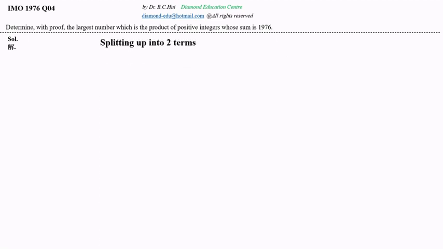So, we just considered how to split up each term into two terms. If one of the terms ak is larger than 4, we can split ak into 2 and ak minus 2 to get a larger product. If ak is larger than 5, we can split it up into 3 and ak minus 3 to get an even larger product.